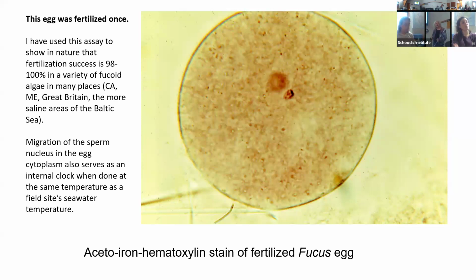And then I realized a bit down the way, when we were trying to do experiments to know when during the tidal cycle fertilization actually occurred, that this migration, which takes around 2 hours, could be used as an internal clock for when fertilization actually occurred.